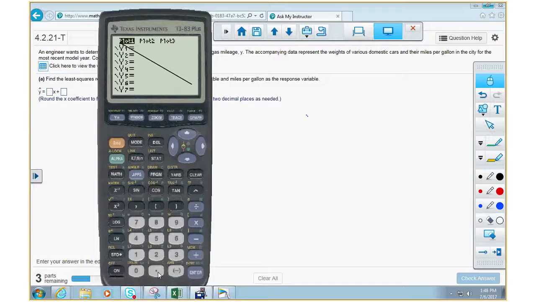Negative what? Just give me 3 or 4 digits. Negative 0.0 something x, then plus 43.7, and I rounded it. It's 43.698. And graph.